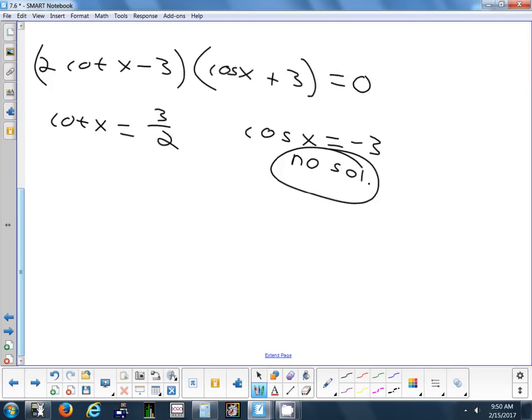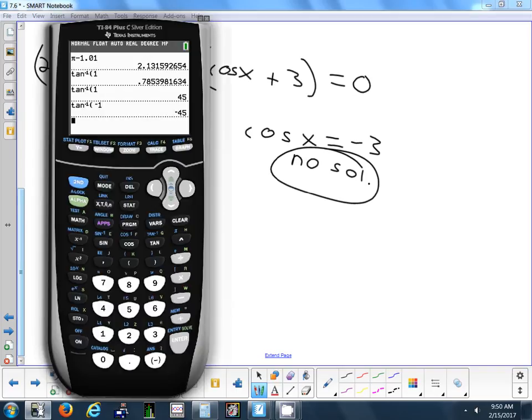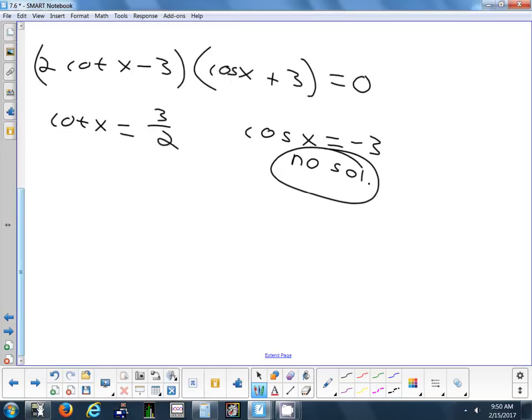Now, this one, you have cotangent. How would you get rid of the cotangent function? What's the opposite of cotangent? Or the function that cancels it out? Yeah, it would be the inverse of cotangent. Do you have a button for inverse cotangent? No. So what function is very similar to cotangent, but tangent?